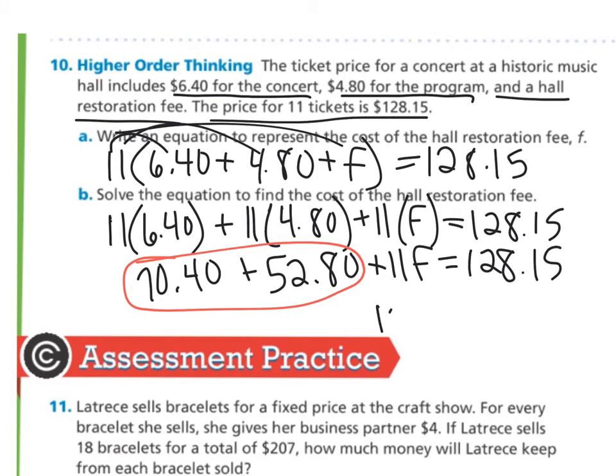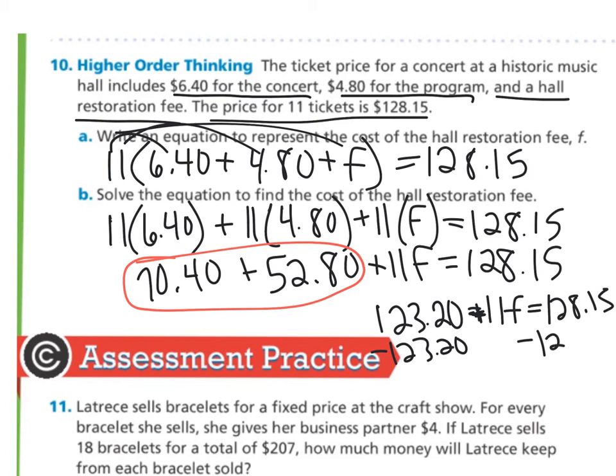it is 123.2, so $123.20. And then they're adding, so we can subtract. That is $4.95.